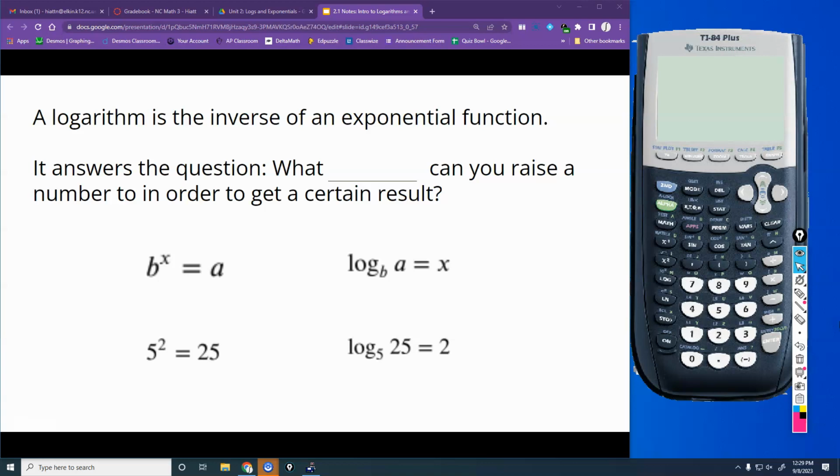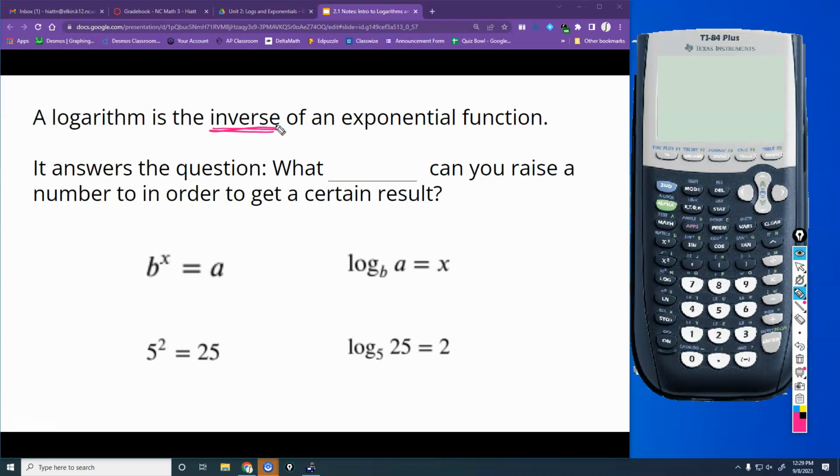We already know some about inverses, right? We talked about them earlier. What is the inverse operation of adding? Subtracting. What is the inverse operation of multiplying? Dividing. What is the inverse of squaring something? Square root, right? So we know some of those inverses already.